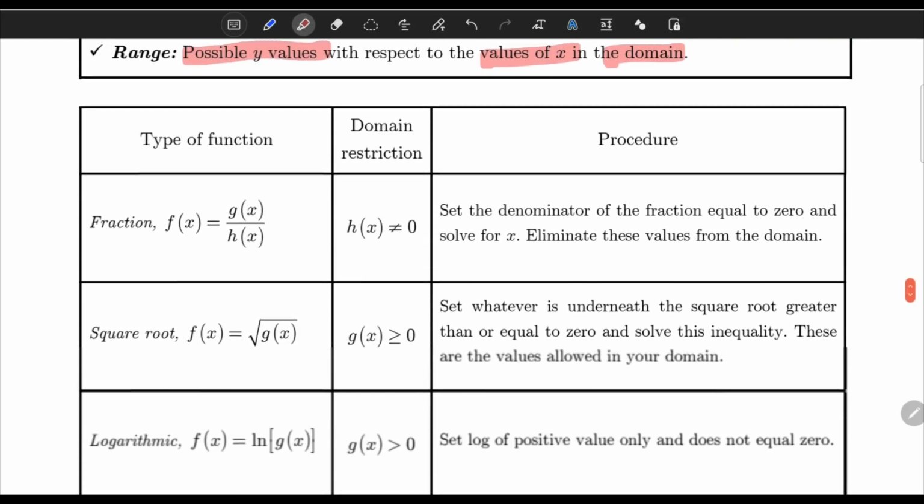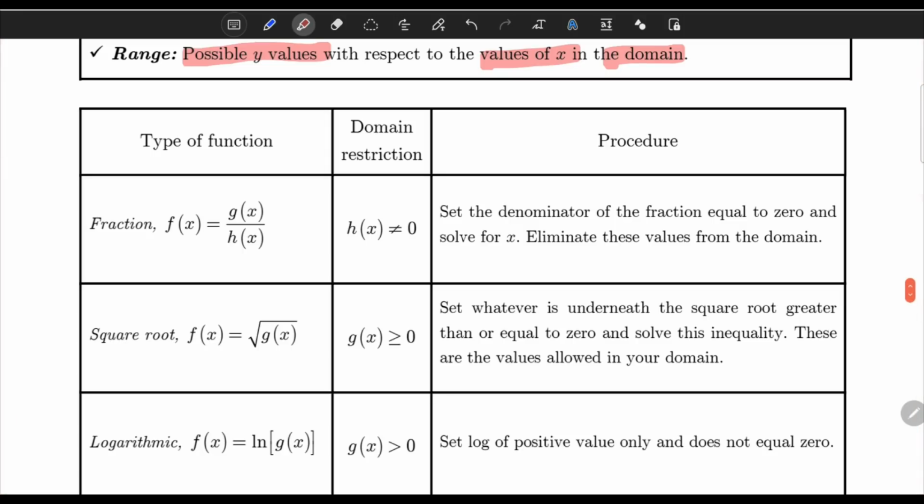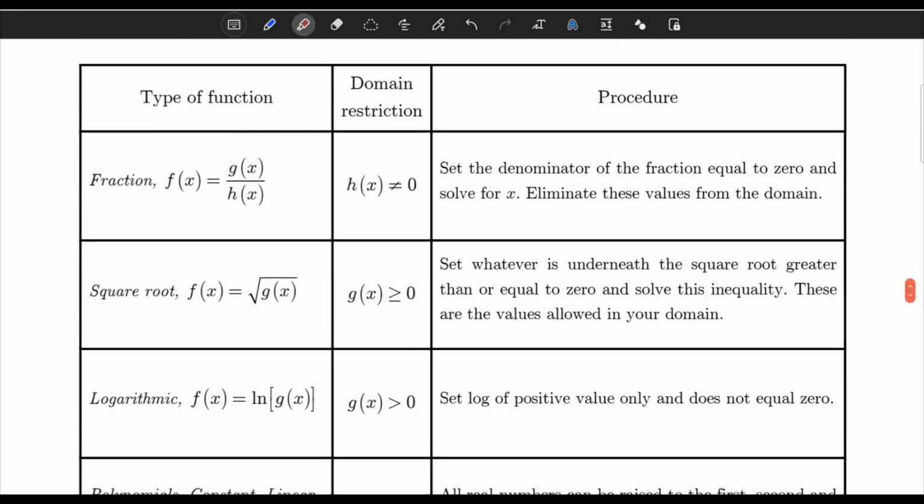So these are the tips for certain functions. So let's go through the table. So if you have a fraction as a function, so definitely the denominator cannot be equal to 0. Okay, definitely you will use this when you have a reciprocal function. So from here, you will get the domain already.